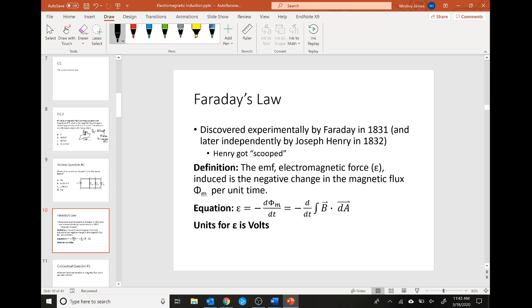It acts like voltage. So for instance, when we start getting resistors, we're going to say epsilon equals IR, which is the same thing as V equals IR. So for all intents and purposes, you can just think of it like voltage.